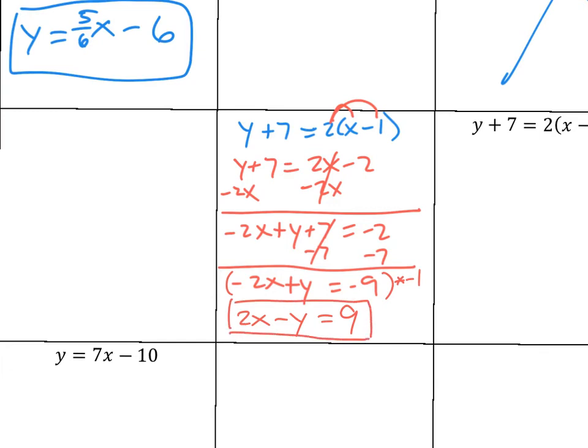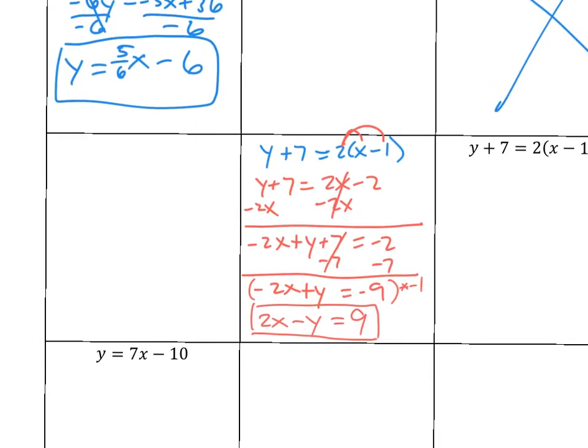Now at this point, if we're going to write into slope-intercept form, we could either use our original equation, or we could use this one that we just found. I'm going to go back to the original one from point slope form. So I'll write down y plus 7 equals 2 times x minus 1 in this box. We will again begin by distributing our 2.